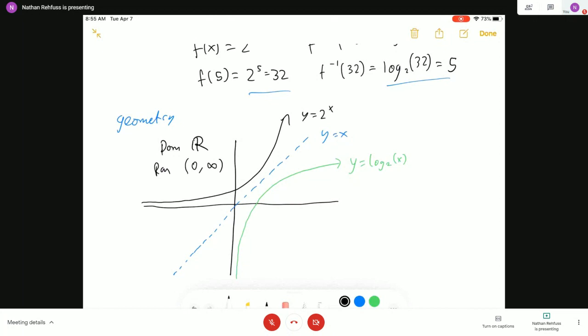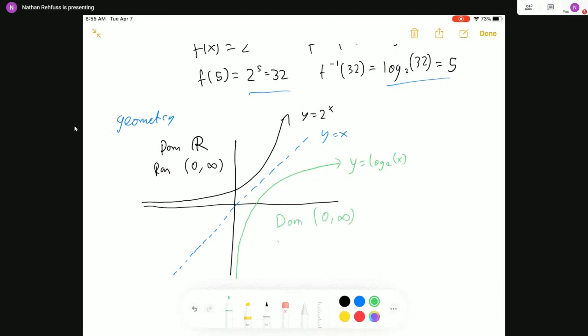So what I was just saying was, since the domain and range are switching places, that's very visually apparent on this graph. 2 to the x, I can plug in any number, but I can only get a positive number out. Log of x, I can only plug a positive number in, but I can get any number out.